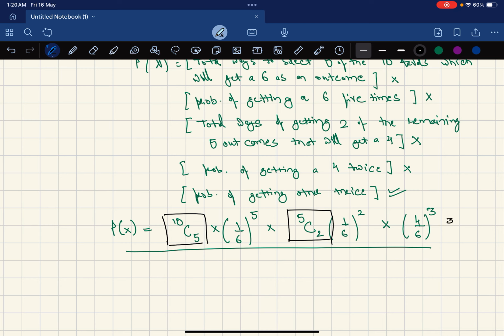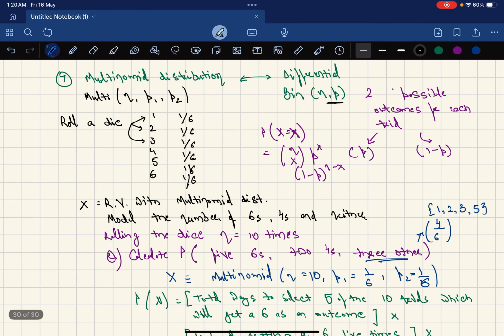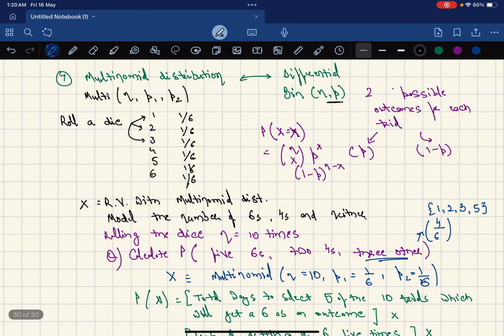So if you even put 3C3 here, this is nothing but equal to 1. Therefore we simply ignored it in this particular case, since we are anyway multiplying these terms. So this is regarding multinomial distribution, and the major difference from binomial distribution is that there are multiple outcomes possible for each trial.